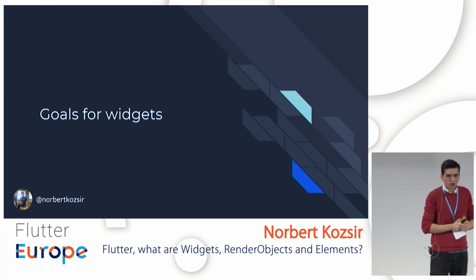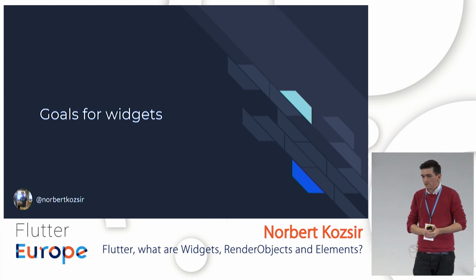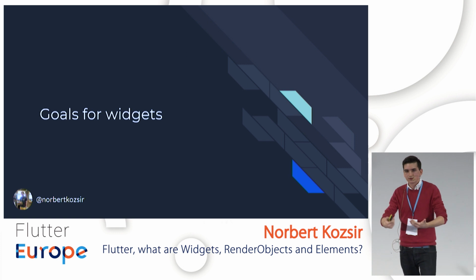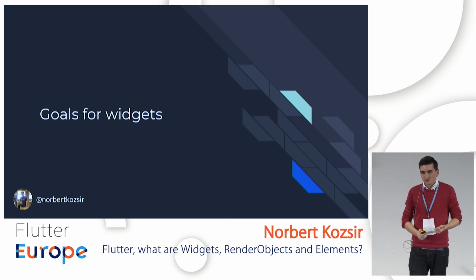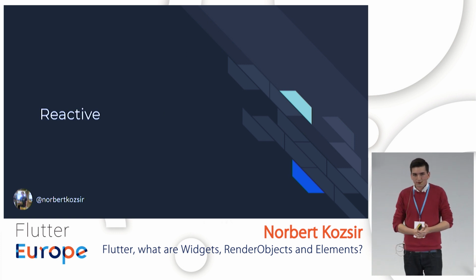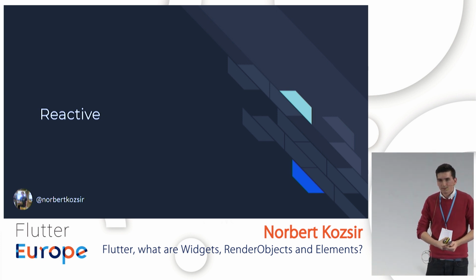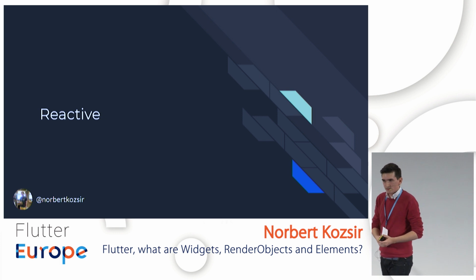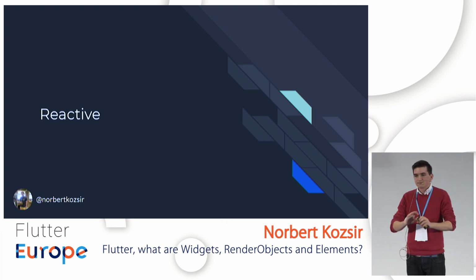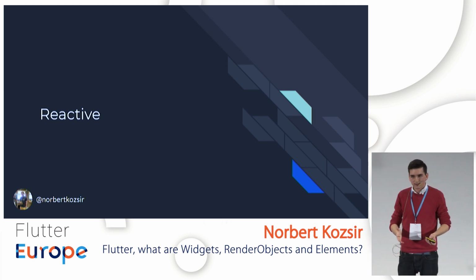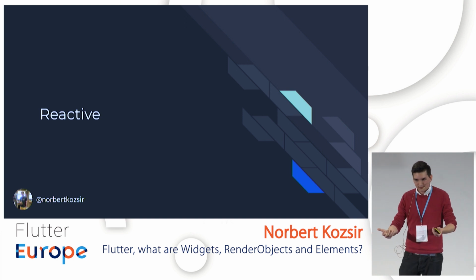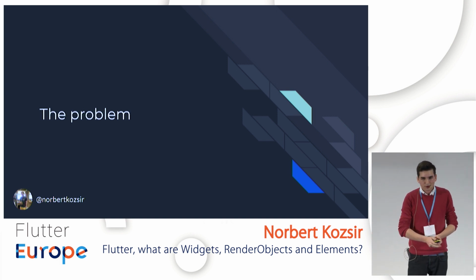So, what are our goals for the widgets layer? What do we want it to provide on top of render objects? So, first off, we want it to be reactive. Instead of having to keep references and manually updating things, we want to rebuild the tree and just magically have it update anything that we have it updated. So what is the problem?